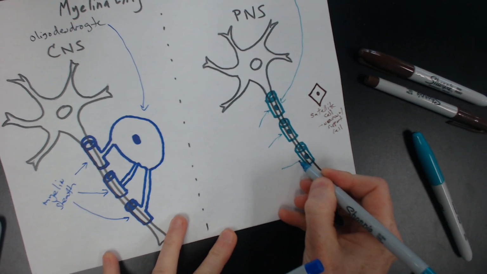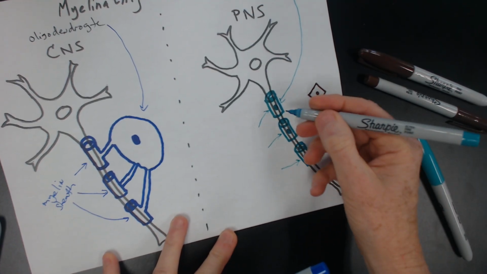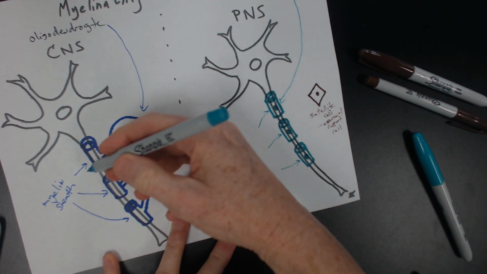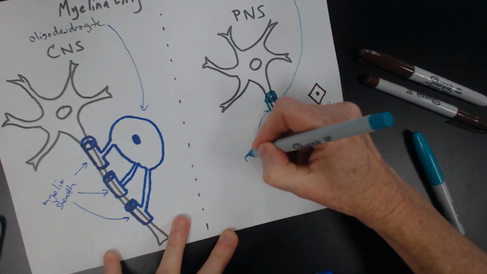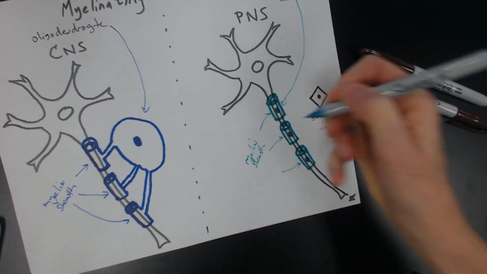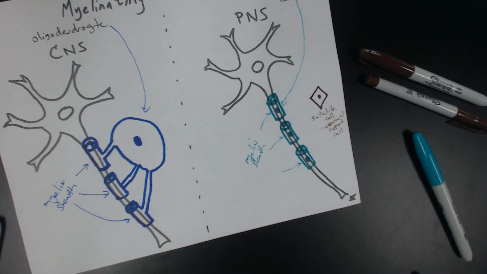The myelin sheath is what's wrapped around. It happens that the myelin sheath is created by the entire Schwann cell here. Okay. Thank you. That clarifies. Okay. Anybody else?